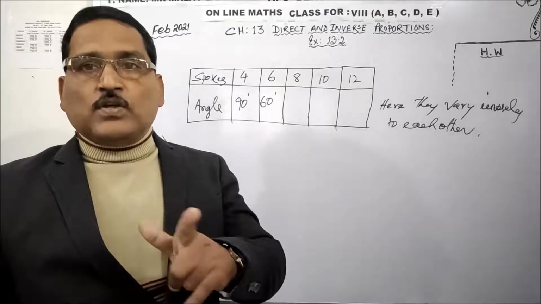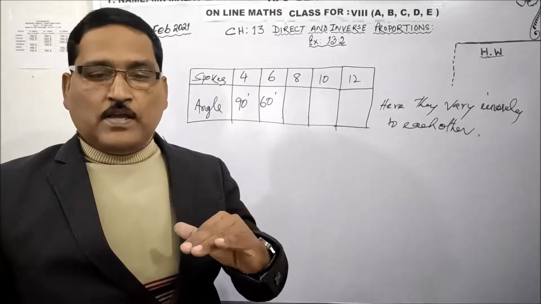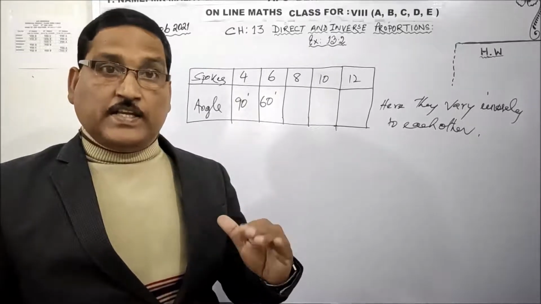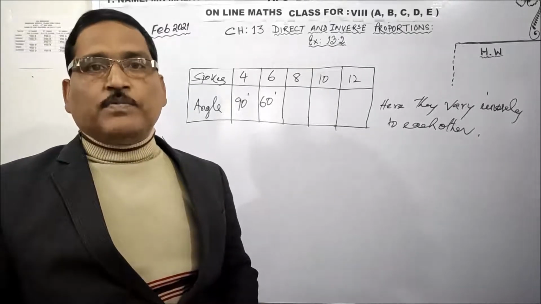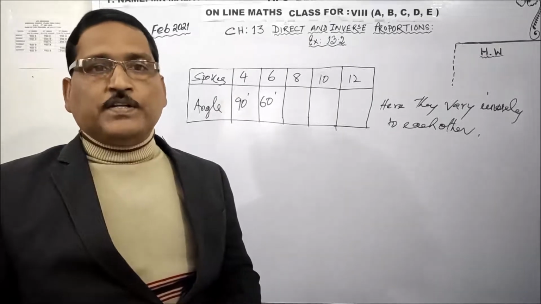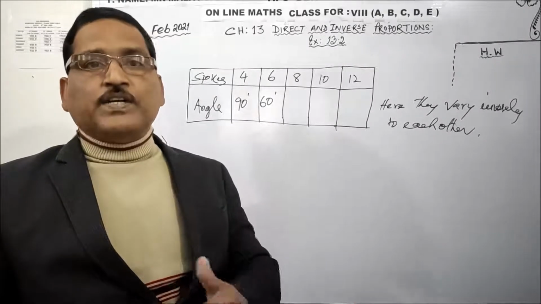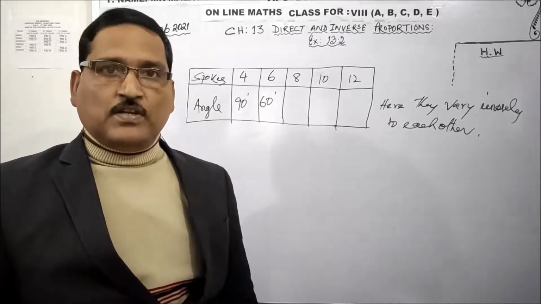If the first quantity is increasing and the second quantity will also increase proportionately, that situation is direct. And if after increasing one quantity we have to decrease the other quantity, that situation is inverse variation. Have you understood?